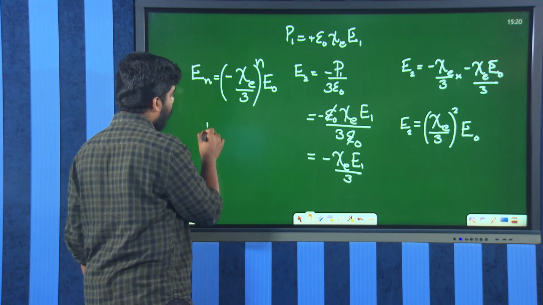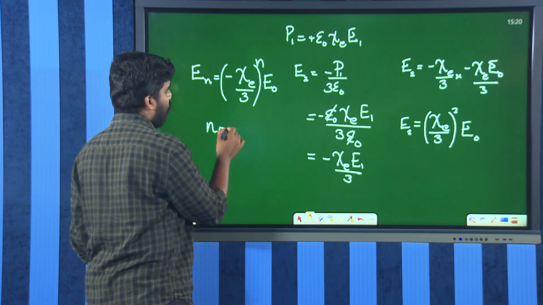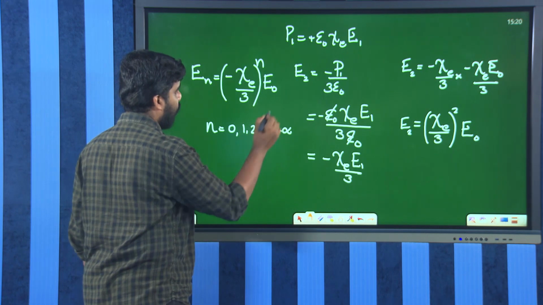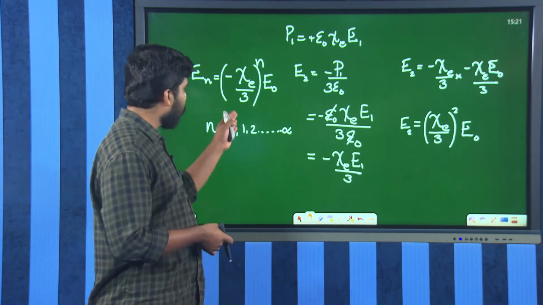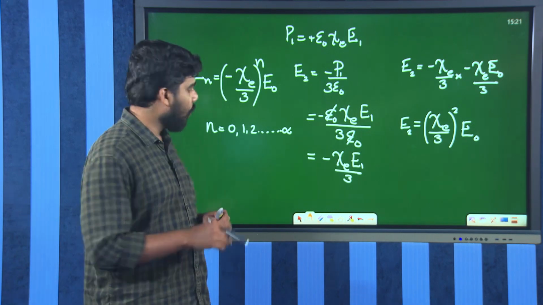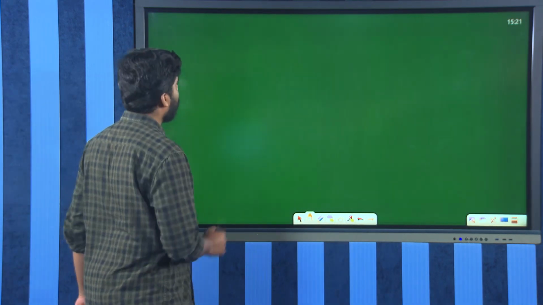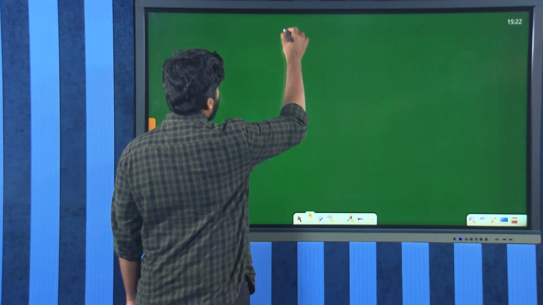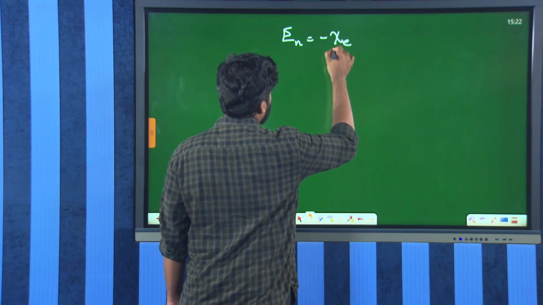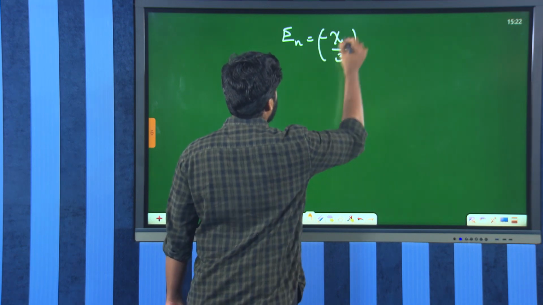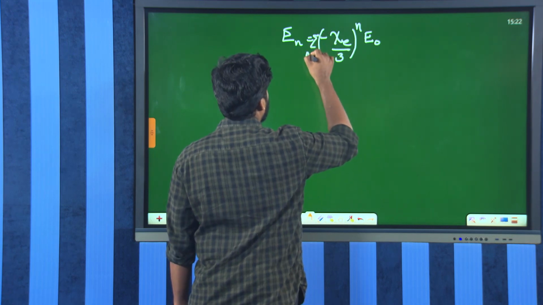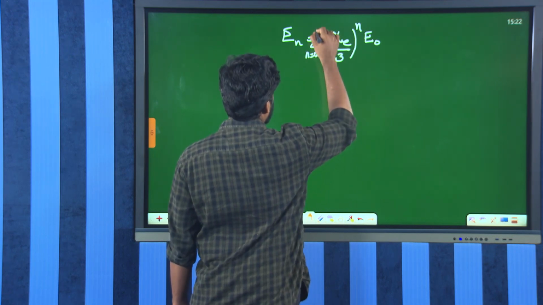And n runs from 0, 1, 2, etc., up to infinity, since this expression can be expanded in terms of a geometric series. How can I expand it? We have En is equal to minus chi e by 3 whole raised to n, E0, with a summation over n is equal to 0 to infinity.